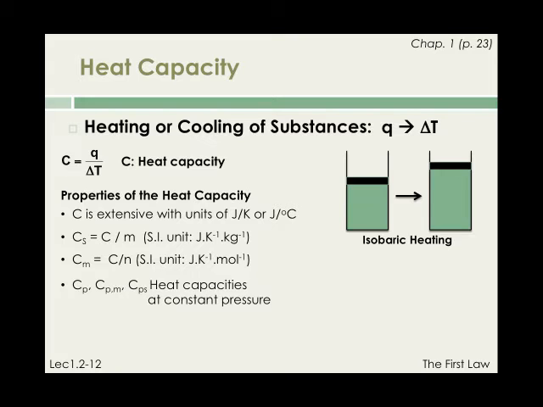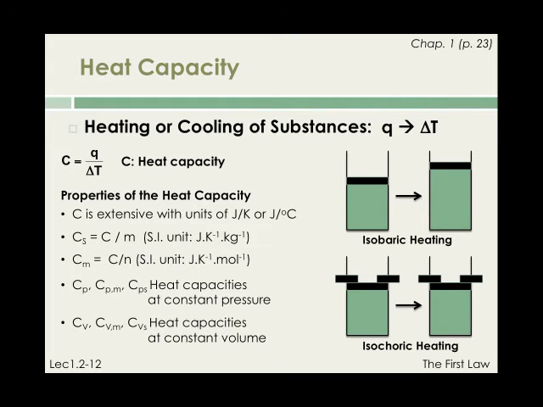Conversely, isochoric heating is carried out in a cylinder where the piston is locked in place. The heat capacity measured under such conditions is written as C sub V and is called the heat capacity at constant volume. Similarly, we can define C sub Vm and C sub Vs, the molar and specific heat capacities at constant volume.